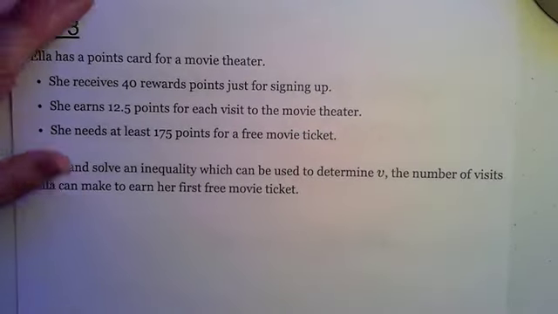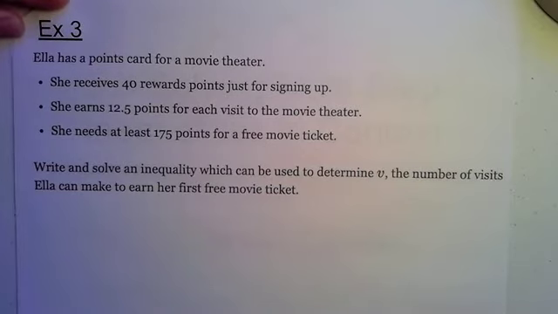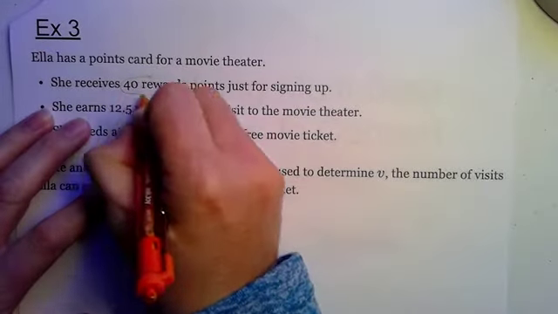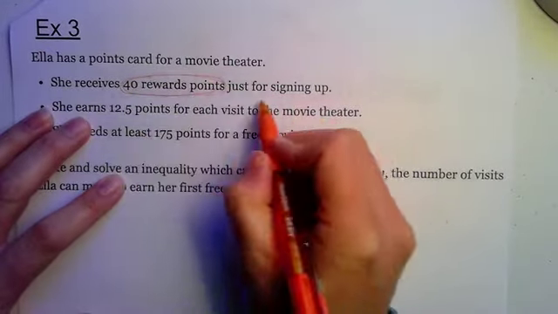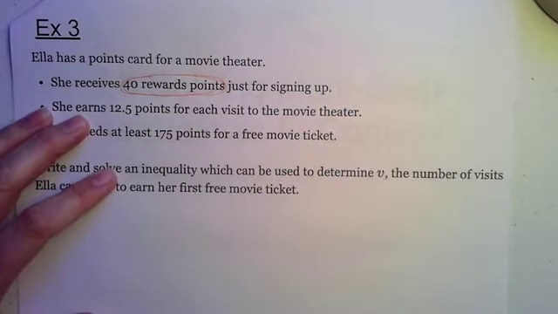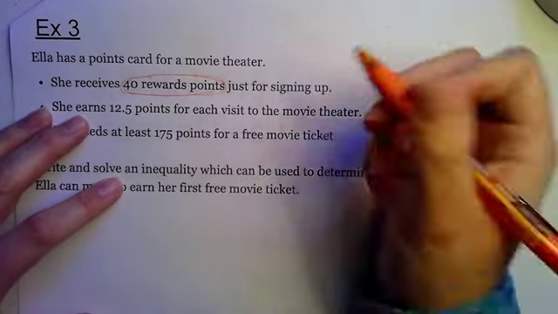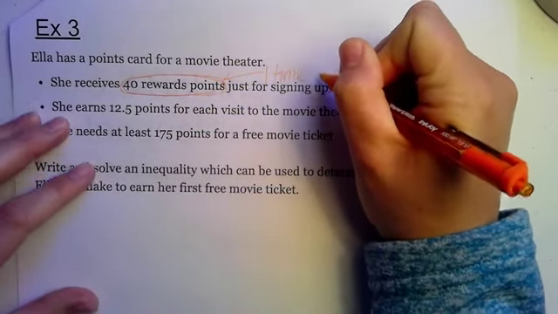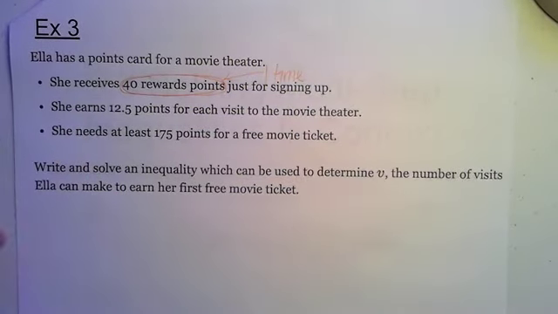Example 3. Ella has a points card for a movie theater. She receives 40 points just for signing up. That's important. And again, that is a one-time sign-up fee. That is a one-time earning. It happens only once.